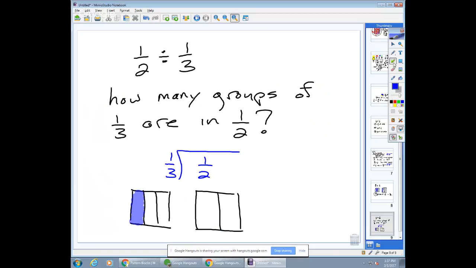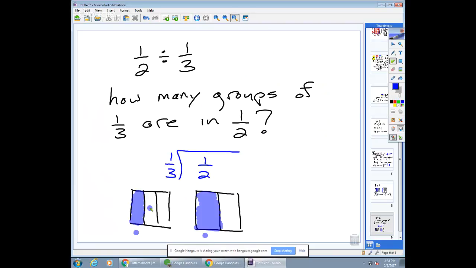And shading. The way I've got it drawn right now, can I tell how many of one go into the other? The 1/3 is smaller, right? So more than one of them fit in half. So I know the answer is more than one. Is the answer more or less than 2? If it's less than 2, yeah, so 2/3, if I add another third, that would be bigger than a half. So the answer is somewhere between 1 and 2.